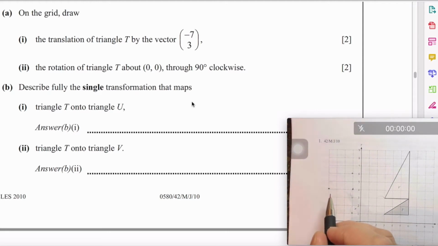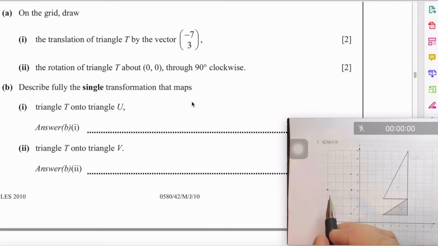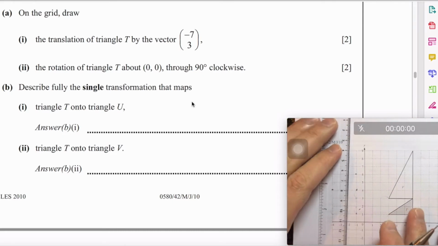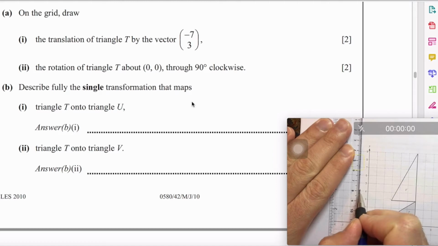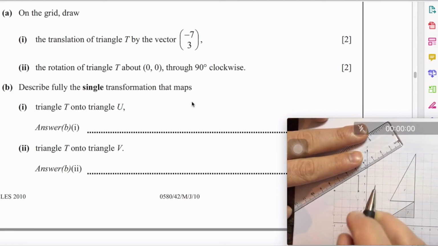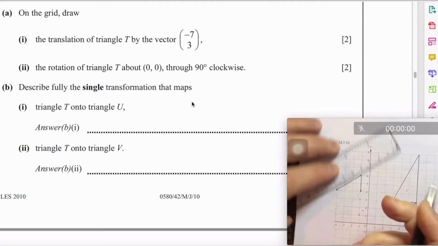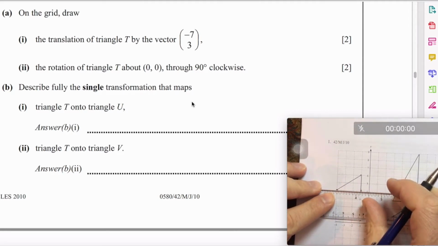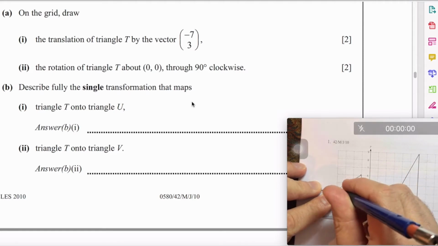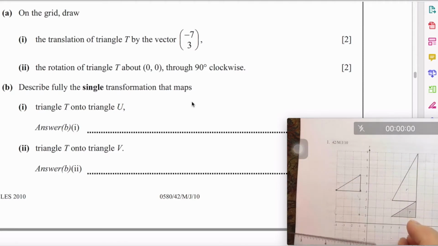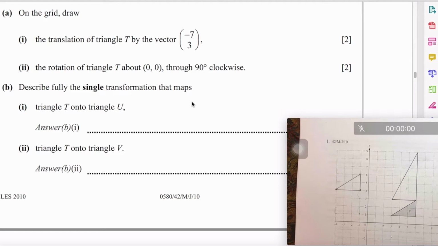Then I can use my edge to construct the image. I hope you properly see. It is the image that you're supposed to draw in part A.